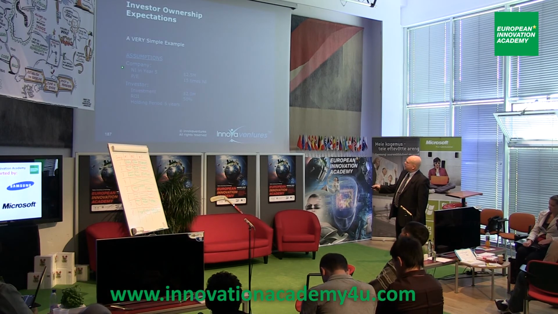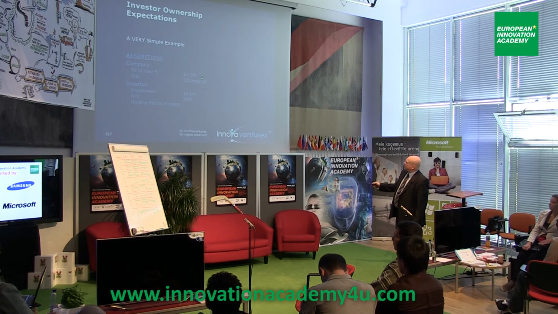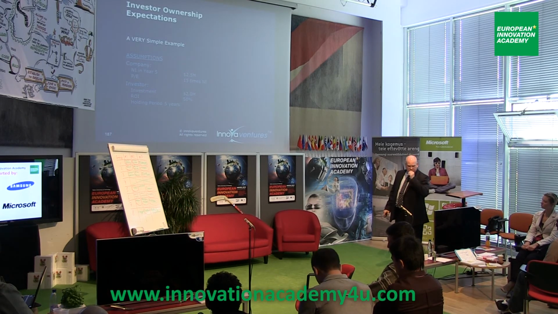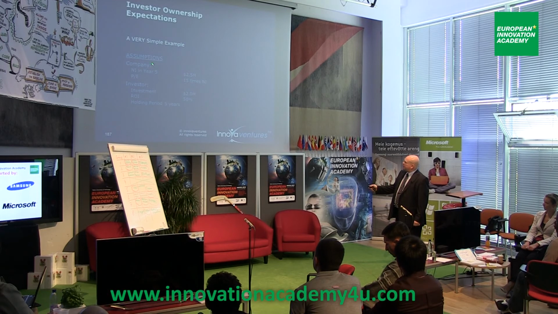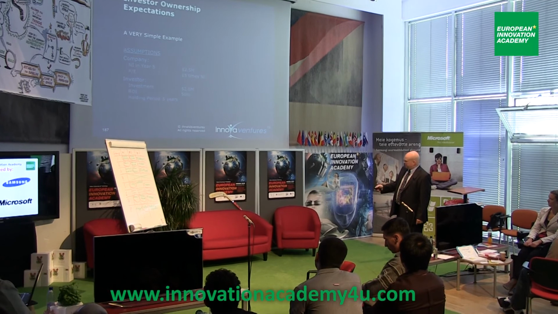So if you're doing 2.5 million in sales per year in year 5, they're looking at 15 times that. The investment would be 2 million, the return on investment 50%, holding period of 5 years.